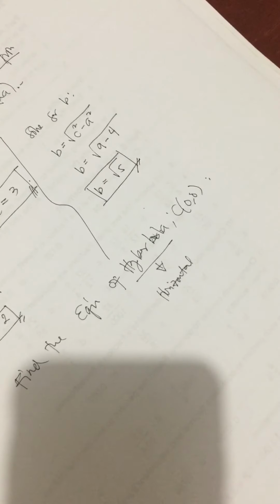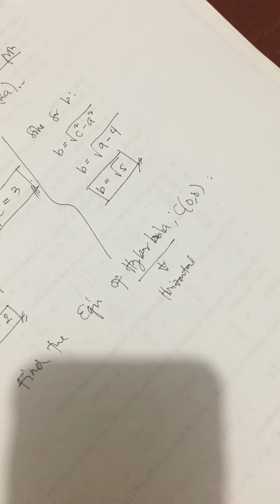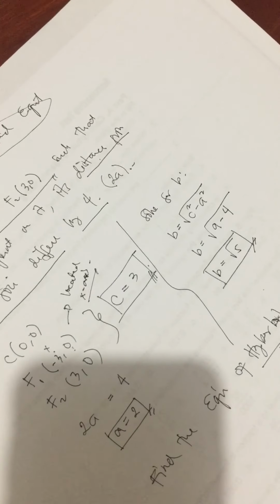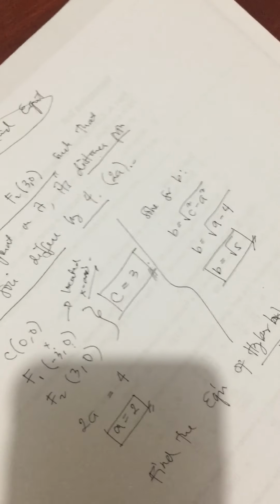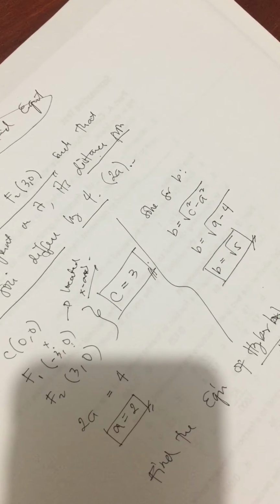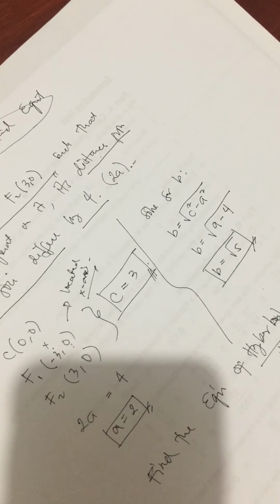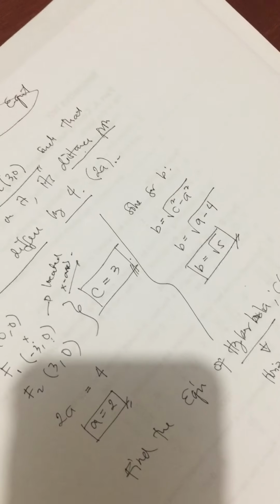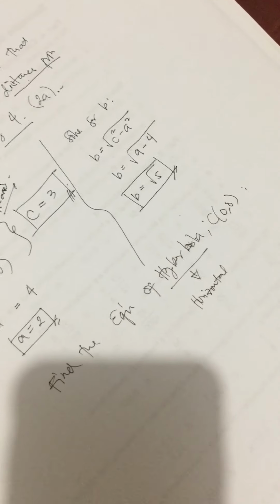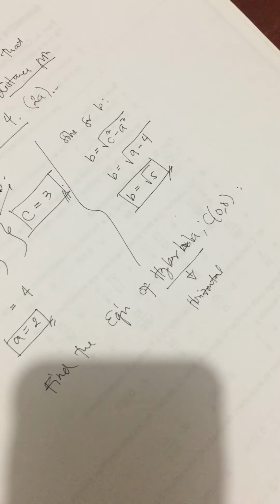Pahiga yung hyperbola mo. It's because the location of your focus is on the x-axis. Kung nasa x-axis yung focus, natural, yung graph niya doon lang din nakalagay. So, your hyperbola is horizontal.